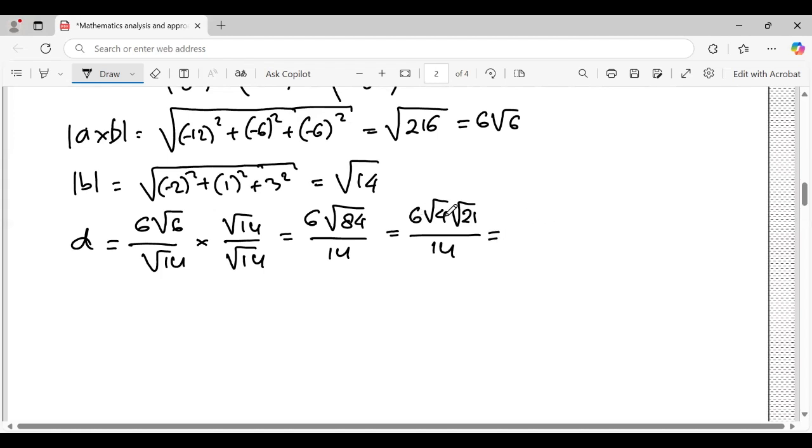So this is 6 times 2, 12 square root 21 over 14, divided by 2, 6 square root 21 over 7. This is the distance. Next question.